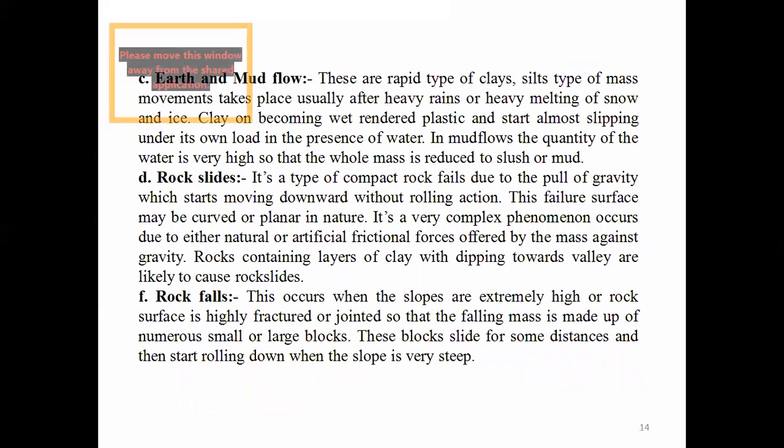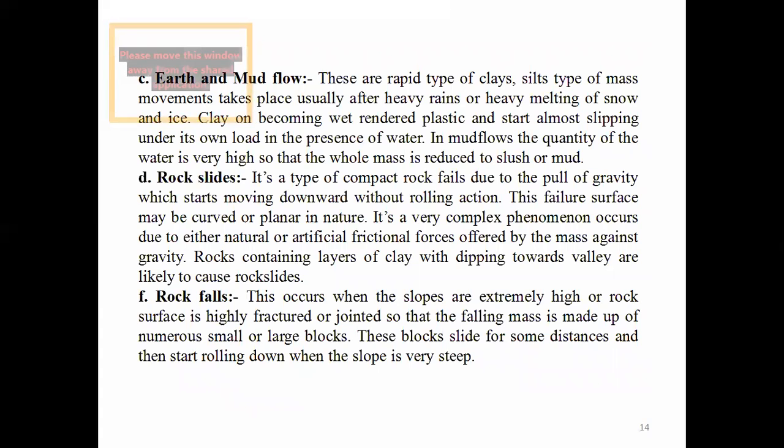Earth and mud flows are rapid movements of clays and silts, usually after heavy rainfall. In mud flows, the quantity of water is very high and the whole mass is reduced to a muddy, slumpy state. These are all the external factors to be taken into consideration.